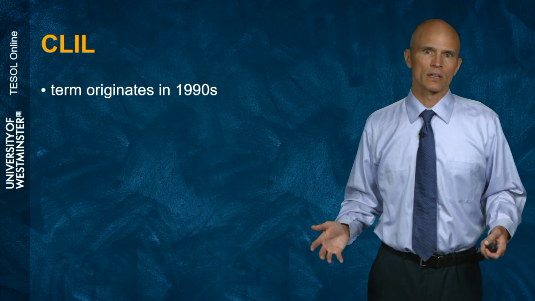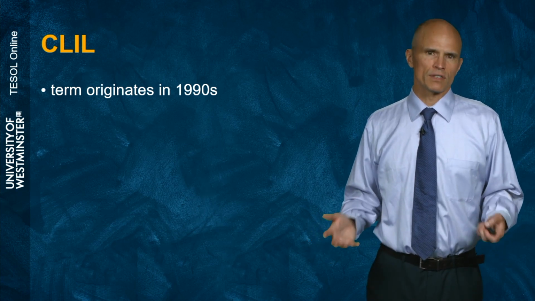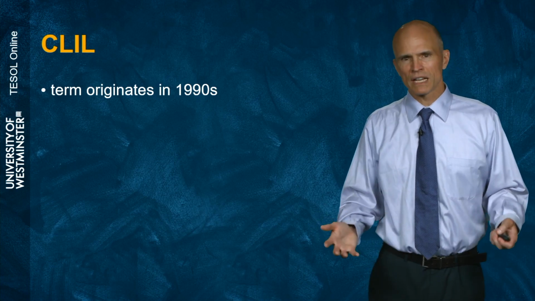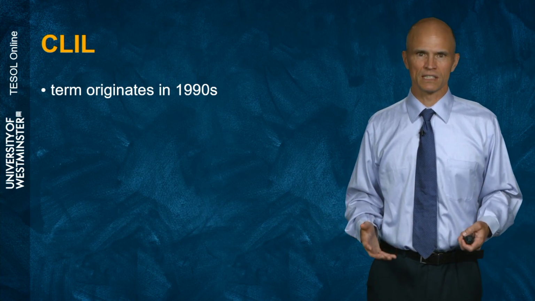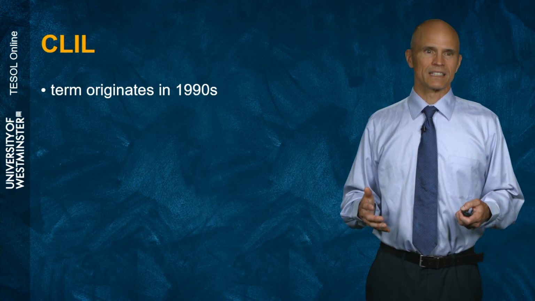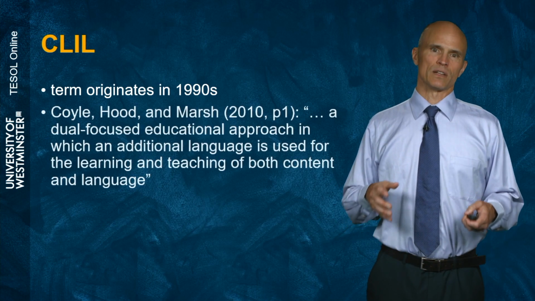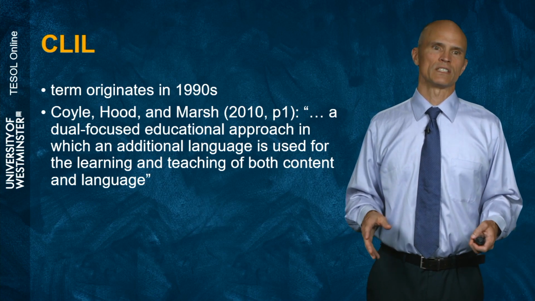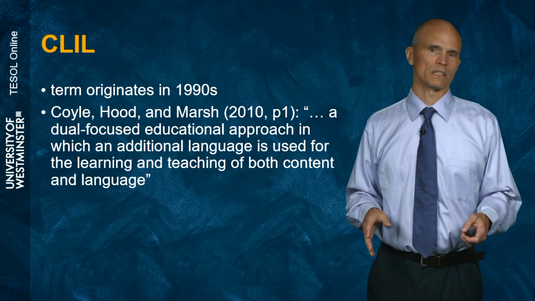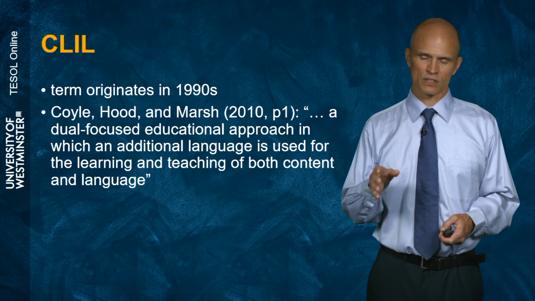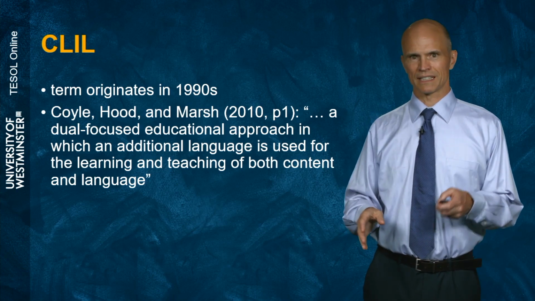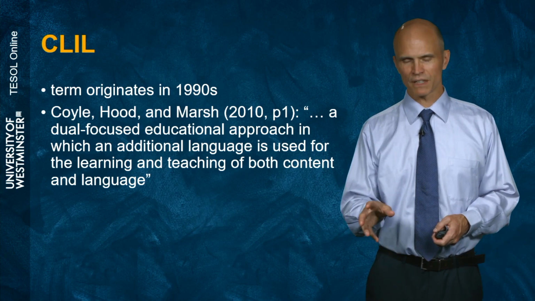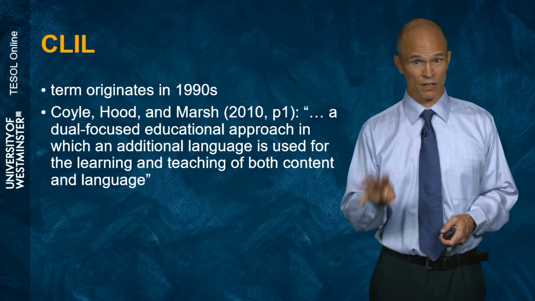So teachers would just think of topics that seemed interesting to the students and use those to teach them the language. CLIL, the focus is on particular content. As it says here in this quotation, right, it's dual focused, because you're not just using arbitrary content to teach language, you're using specific content to teach that content, and the content matters.